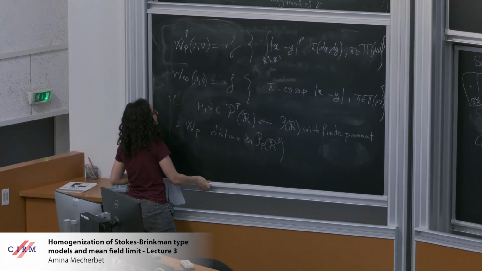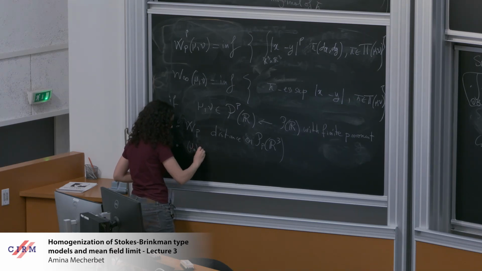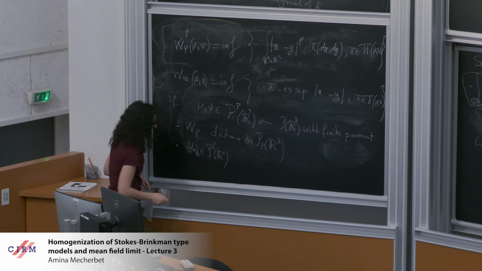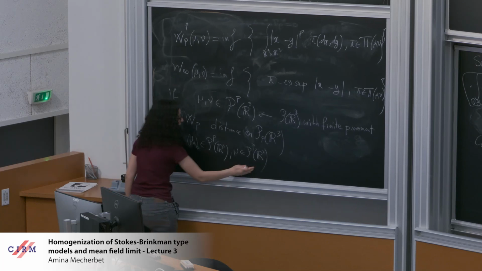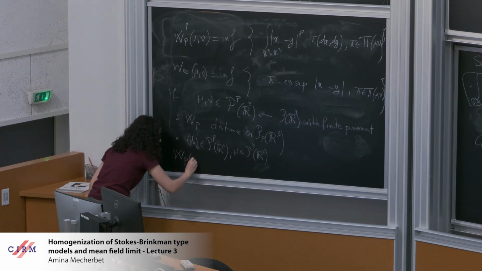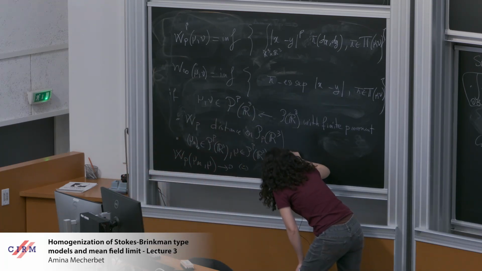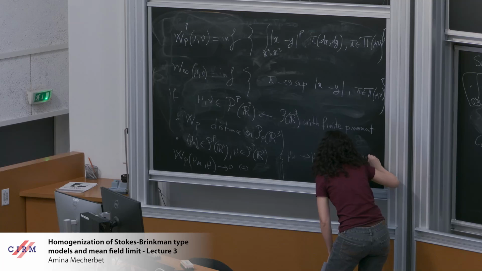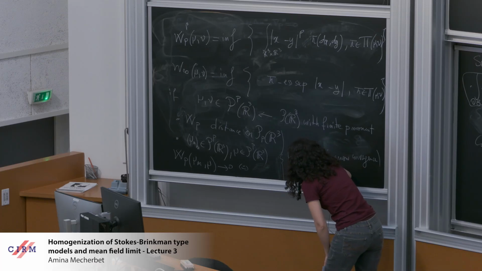And as I said, it metrizes the weak convergence, meaning that if you take a sequence in P(R^3) and mu, then you have equivalence between the convergence of this distance and the convergence in the sense of measures, so narrow convergence, meaning in the dual of the bounded continuous functions, and convergence of the p moments.